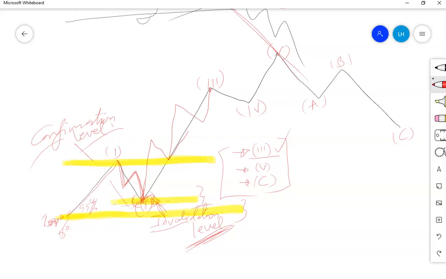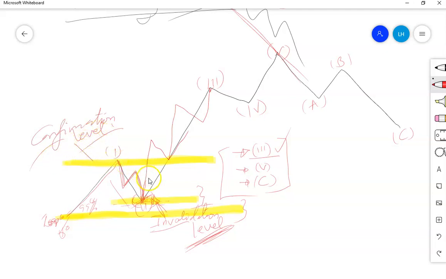Confirmation level is the level where, once the price has passed beyond that level, it means the movement of price in a particular direction is already proved, that the market is holding in that direction. So if it is an uptrend, then we have a confirmation level right there.